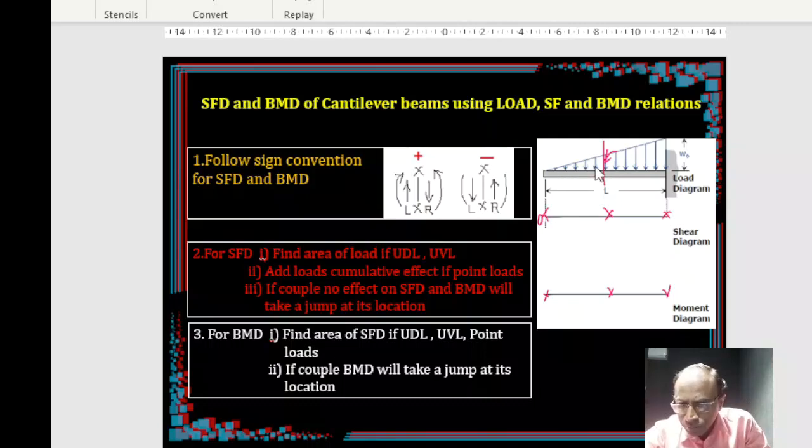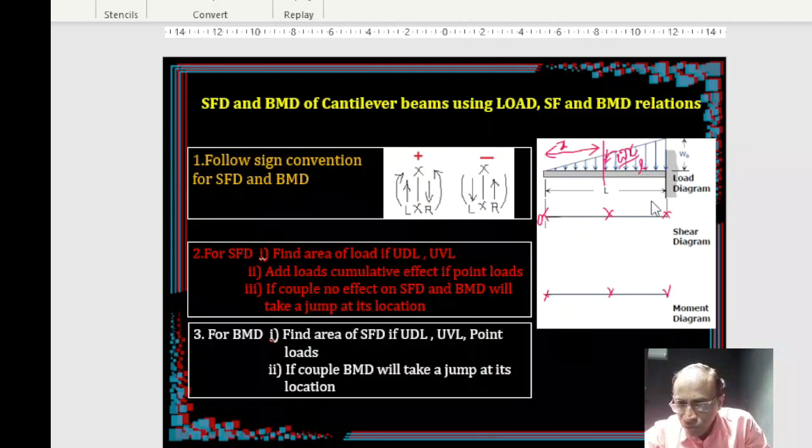This triangle and this big triangle, these two are similar triangles. Therefore, based on that, I can find this loading as Wx by L. Let's say this distance I am assuming as x.